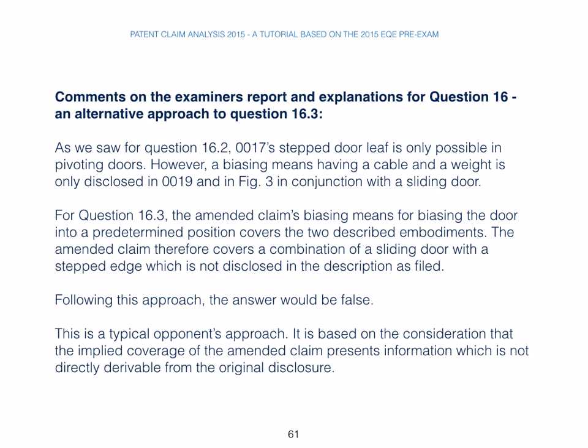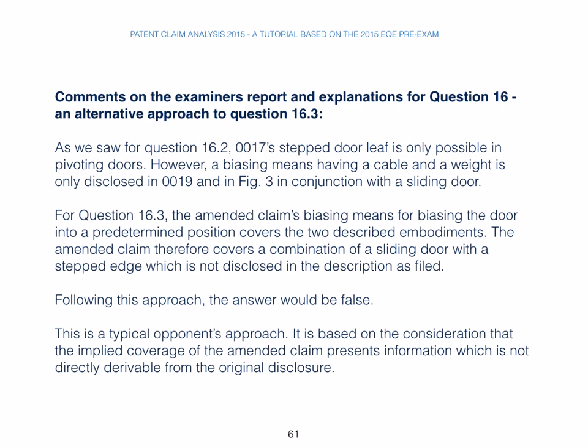As we saw for question 16.2, paragraph 17's stepped door leaf is only possible in pivoting doors. However, a biasing means having a cable and a weight is only disclosed in paragraph 19 and in figure 3 in conjunction with a sliding door.